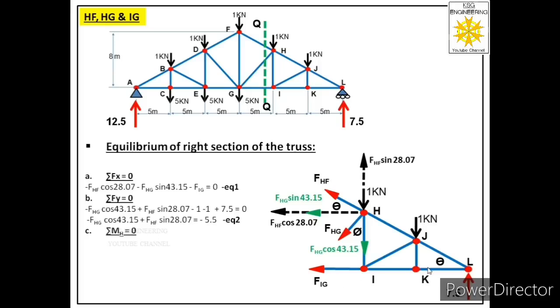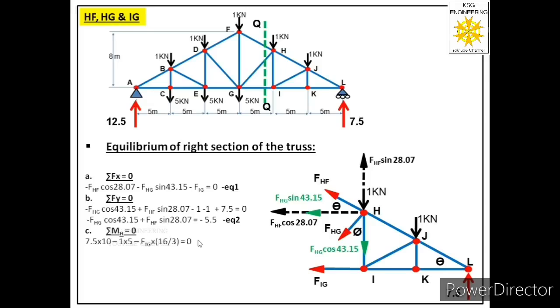Then we have to find moment because of 1 kilonewton force about joint H. Now it will also generate clockwise moment, so we have to consider this also negative. And its magnitude will be 1 into this distance, that is 5 meters. Now let us see moment because of this reaction. This reaction will generate anti-clockwise moment, so we will consider this as positive, and its magnitude will be 7.5 into 10.